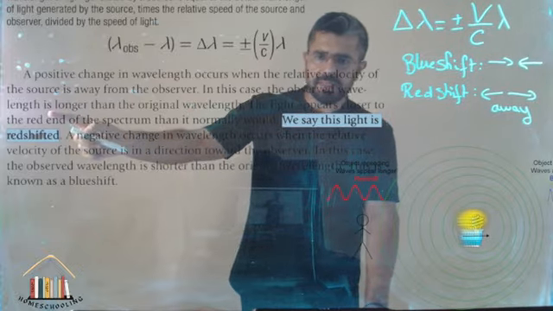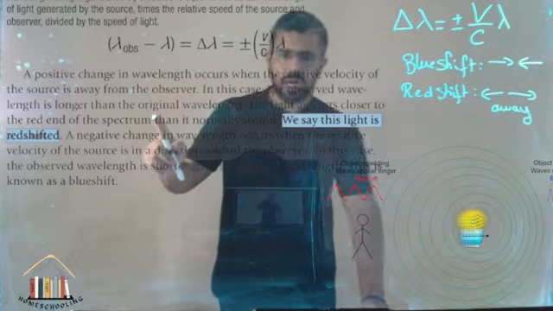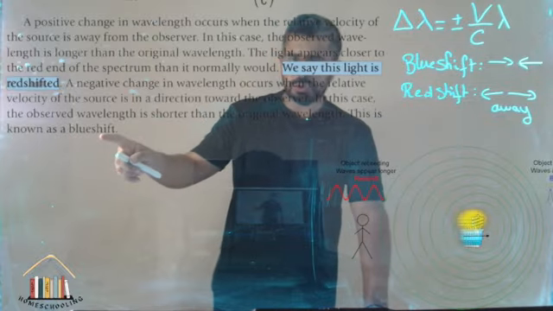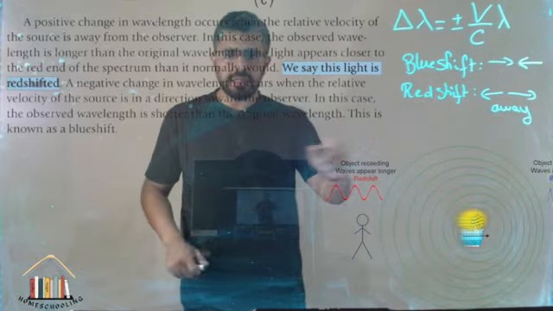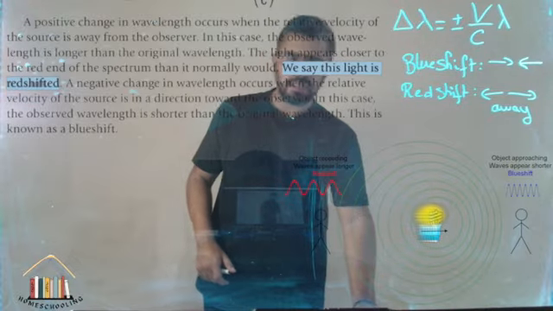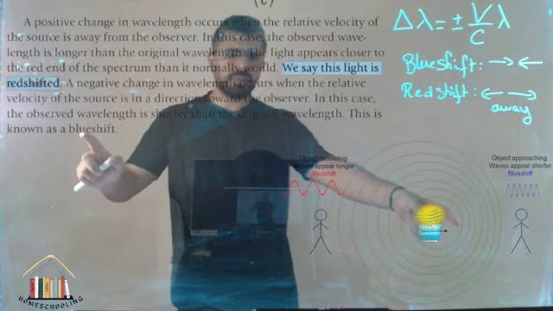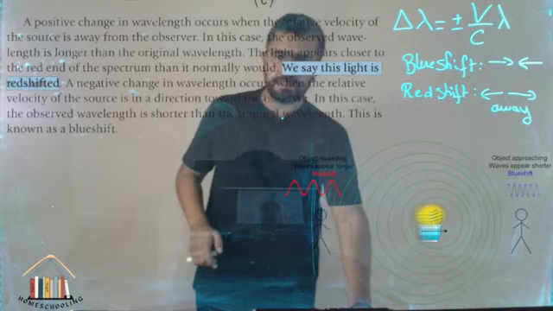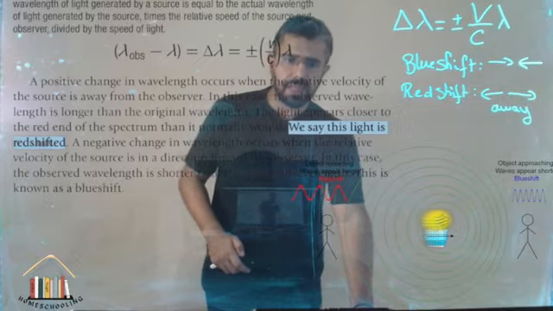However, we call it blue shift if the direction is towards the observer; in this case the observed wavelength is shorter, and that's what we call blue shift. So again, blue shift if they are coming closer to each other, and red shift if they are separating. Every time they are going away from each other, we are talking about red shift.